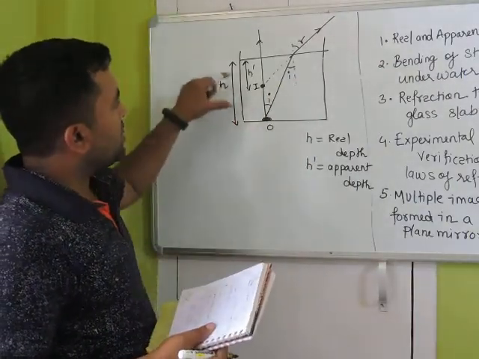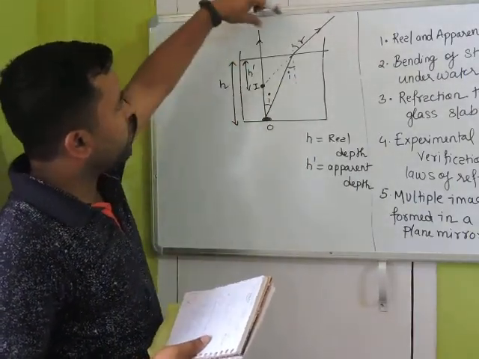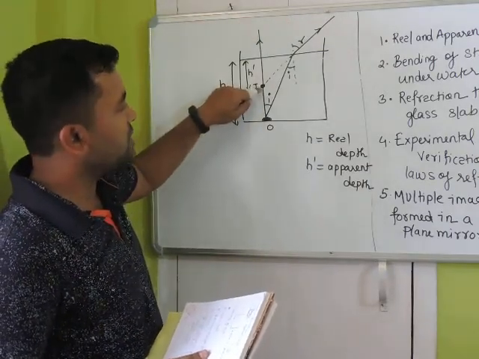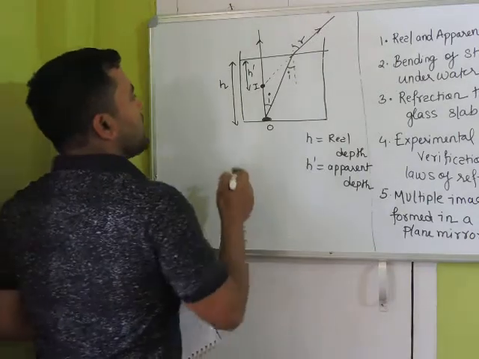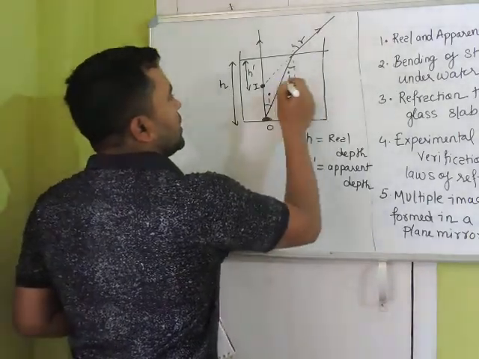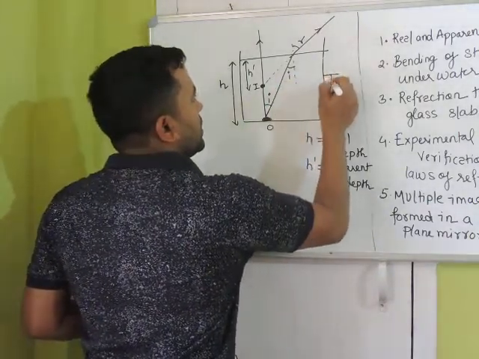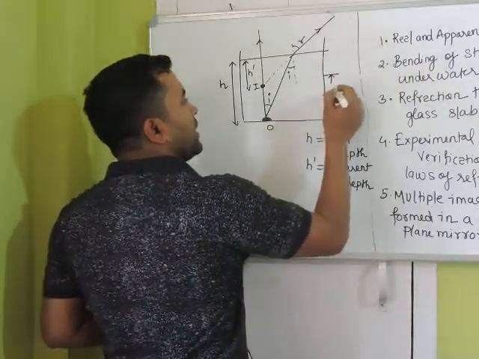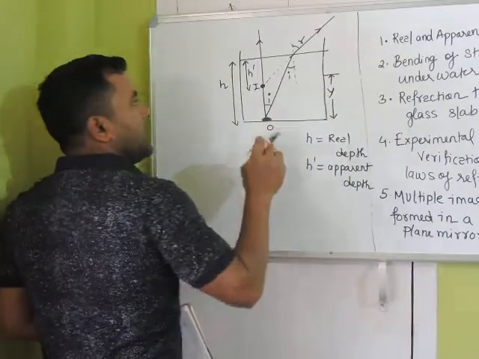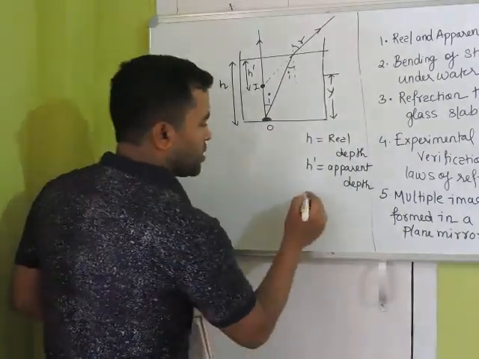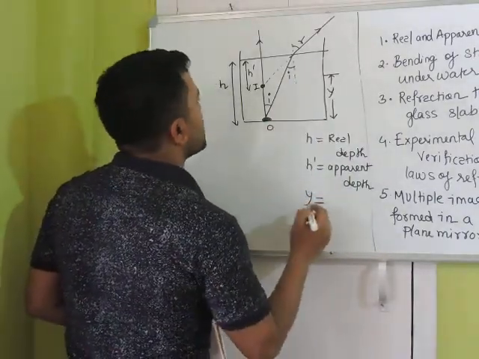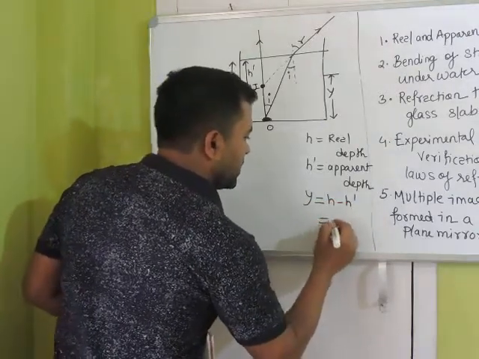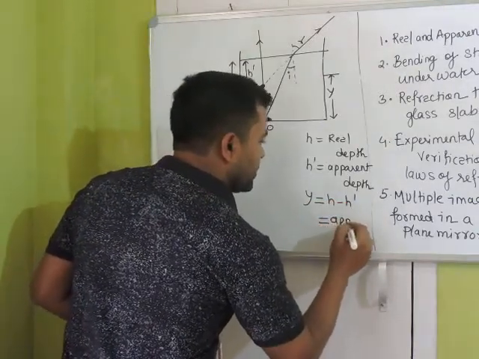So if you look from the top, this object will appear to be raised up. Now this shift we are writing by y. This is called apparent shift. So y, which is h minus h prime, is called the apparent shift.